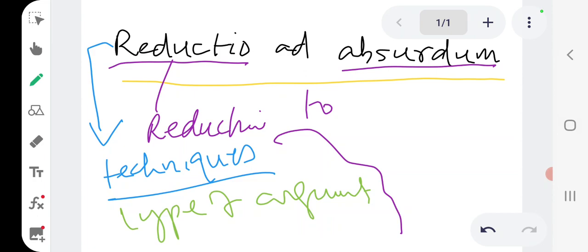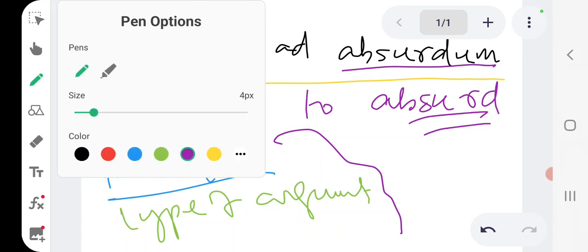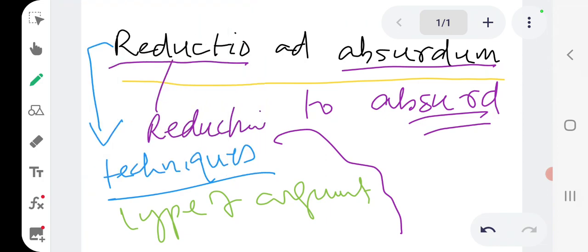Absurdum means absurdity or just absurd. So it means reducing something to absurdity to show that it's not worth holding, basically. So that's the literal meaning.